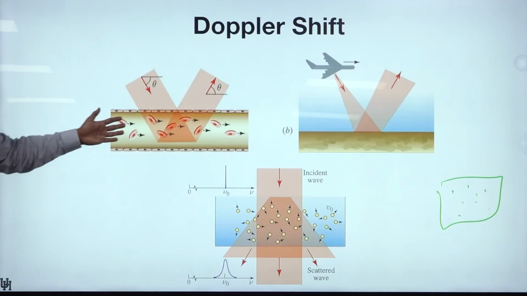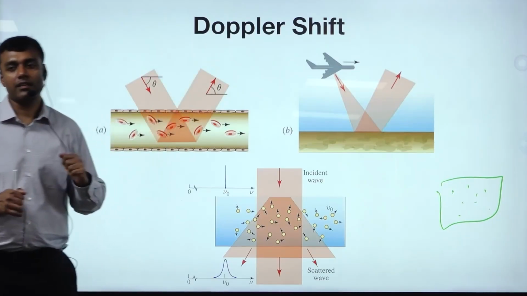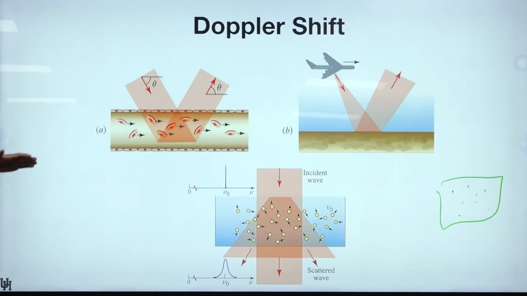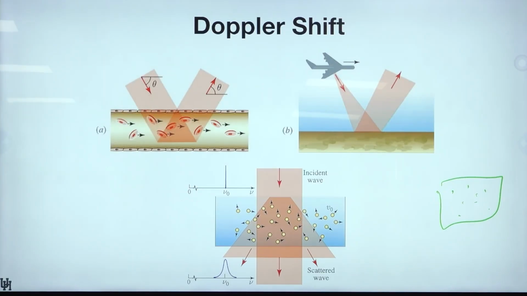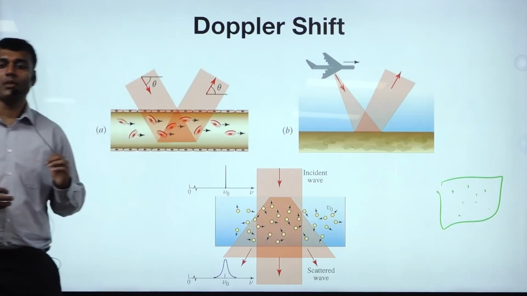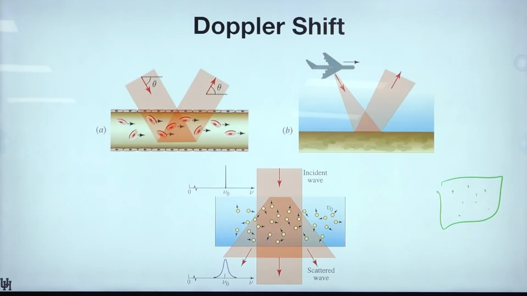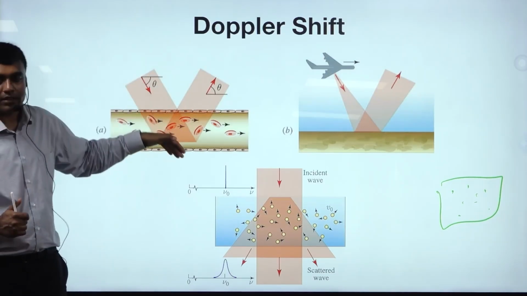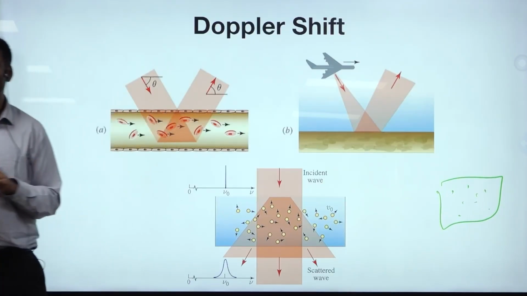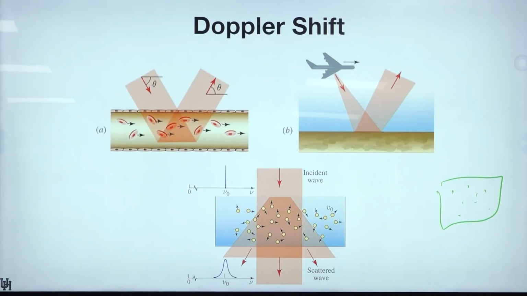If the blood is moving and you make a measurement of scattering, then take the vector component of the velocity in the direction in which you are making the measurement. The frequency of the light that you measure could be slightly different. The frequency of sound or light, whatever wave you are measuring, could be different because it's a combination of the incident frequency and the speed at which these particles are moving.